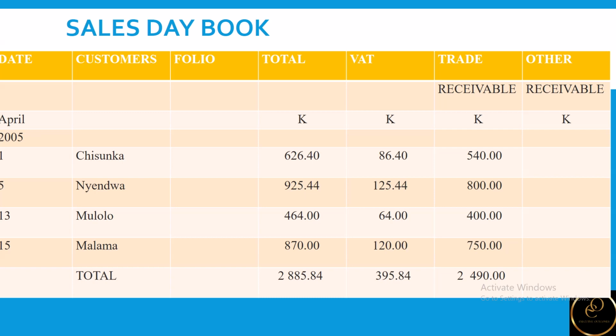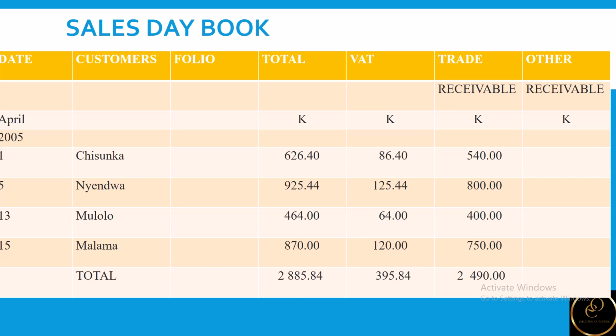Look at Mr. Chisunka. You are going to have a sales day book with various columns, which include the date, the customers, the folio, the total, the VAT column, the trade receivables, and other receivables.